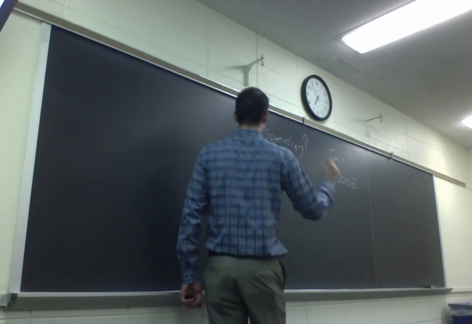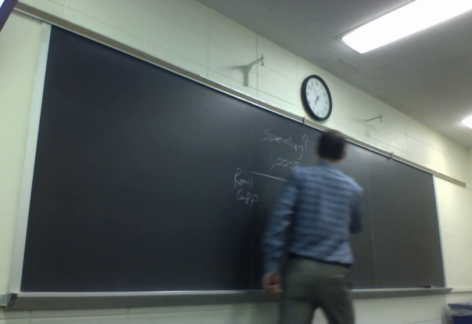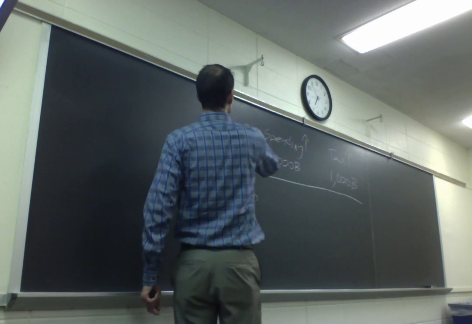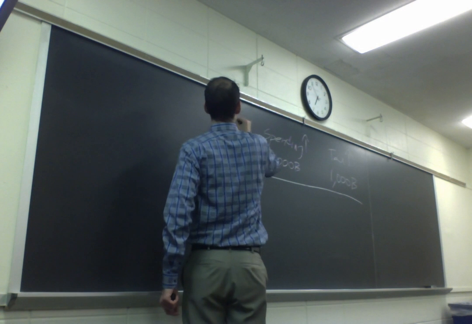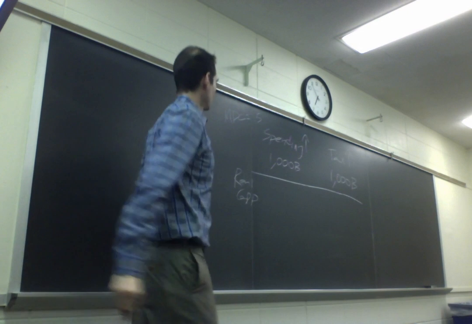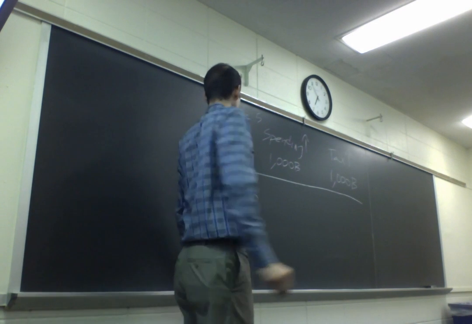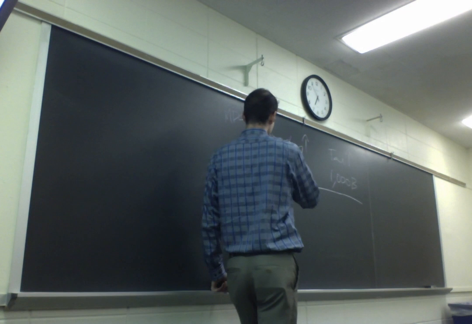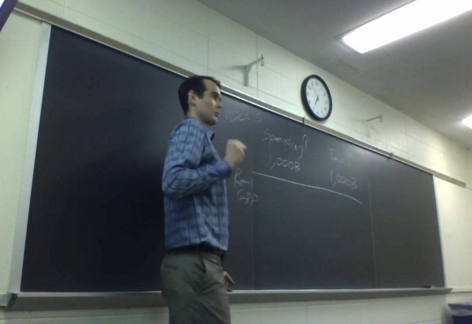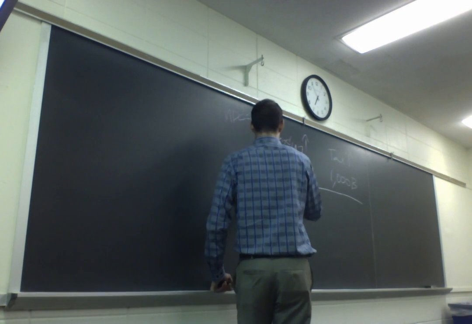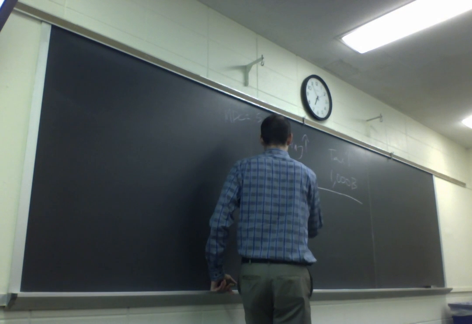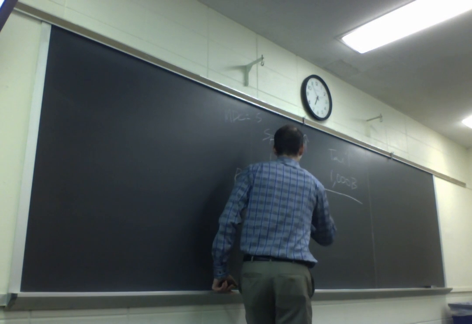So, spending increase of $1 trillion. We're assuming marginal propensity to consume equals 0.5. So we spend $1 trillion. What's the effect on real GDP? Increase by how much? $2 trillion. Exactly. So $2 trillion.